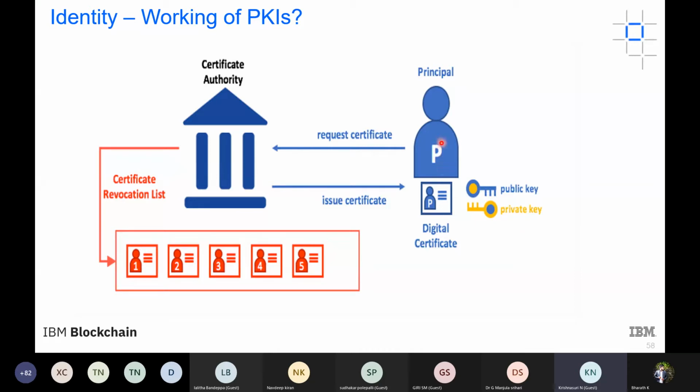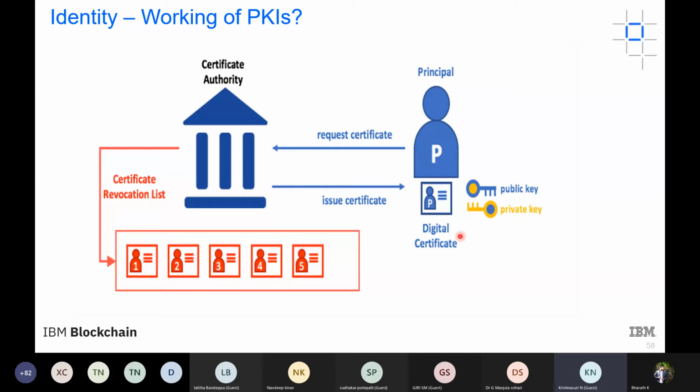So this is the workflow for how one obtains the digital certificate. Now, remember that if your private key is compromised, you need to report it to the certificate authority, and they will include this certificate in something called a certificate revocation list, CRL.